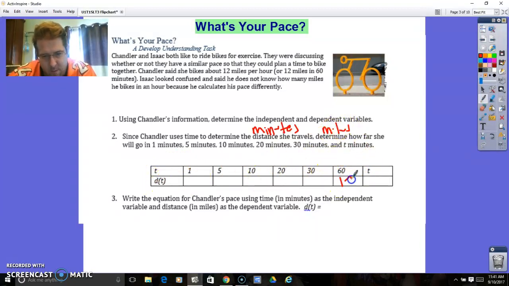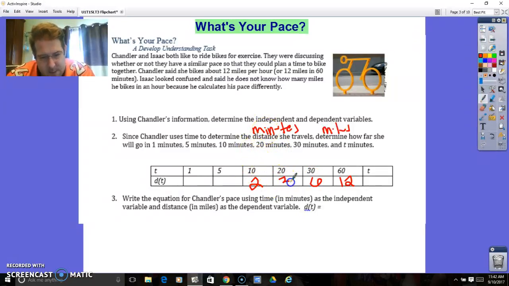So we do know that 12 is the amount of miles that she goes in an hour, and 60 minutes is an hour. So half of that means she would go 6 miles in half an hour. If that's 6 miles in half an hour, then 1/3 of that would be 2 miles in 10 minutes.